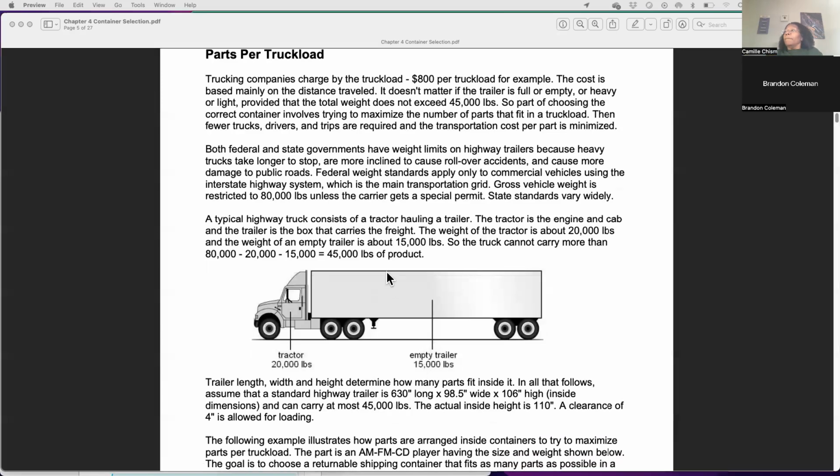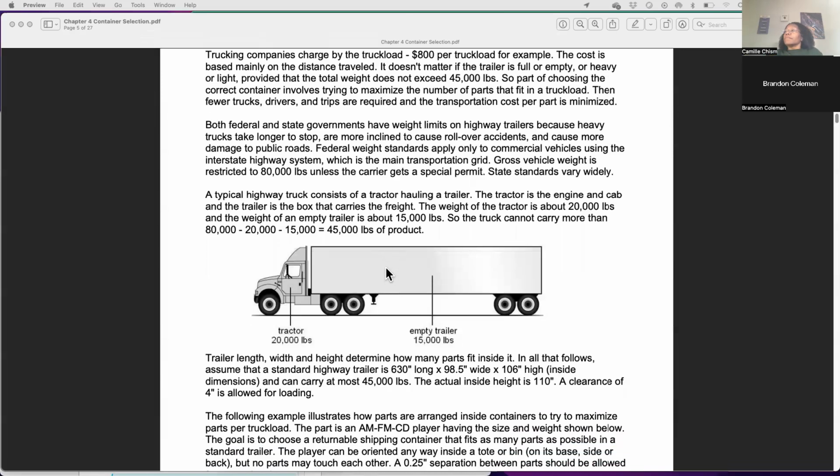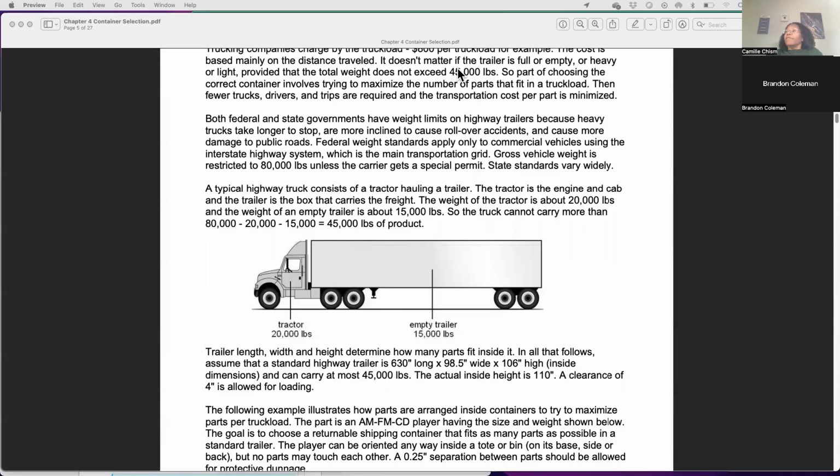So this is where they come up with that 45,000 pounds of product, because you've got that 80,000, subtracted the trailer, subtracted the tractor here, and then you're at 45,000 pounds. So just keep that in mind.